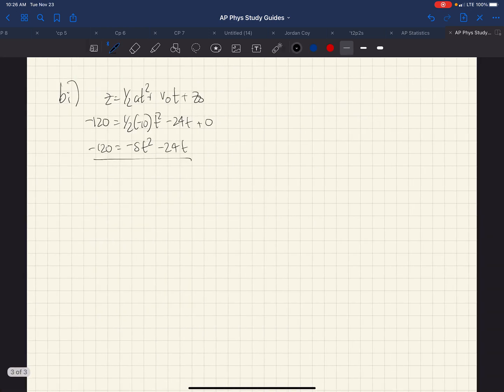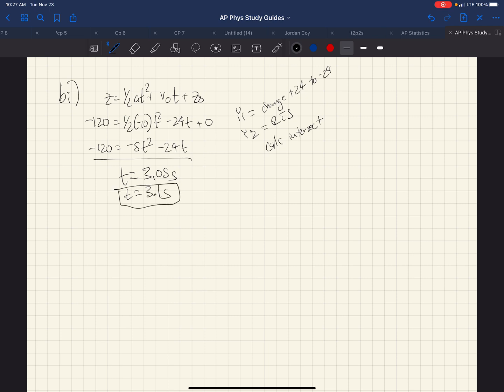So we can go back to our calculator, and all we need to do is change the plus 24 to minus 24 in y1. y2 remains the same at minus 120. We calculate an intersection, and we find out that t is equal to 3.05 seconds, or t is 3.1 seconds.